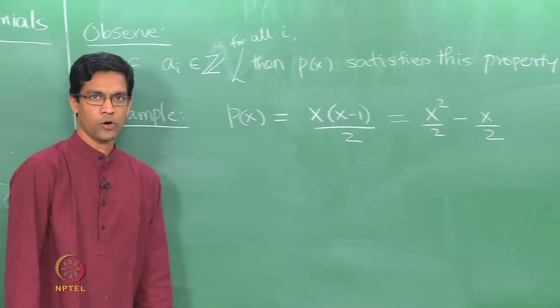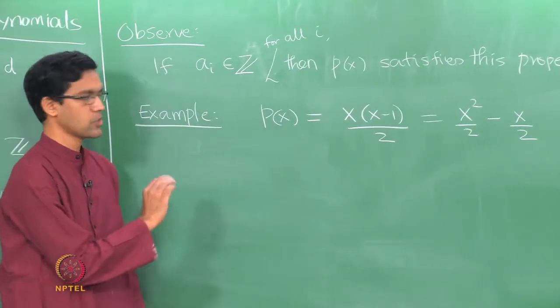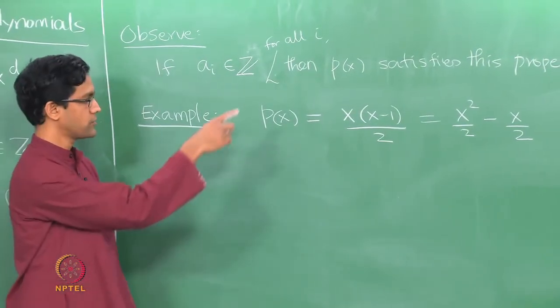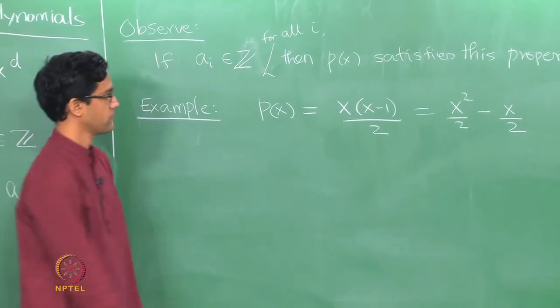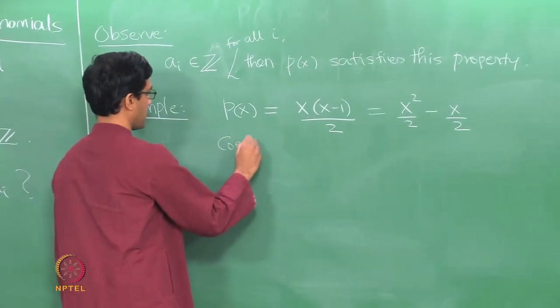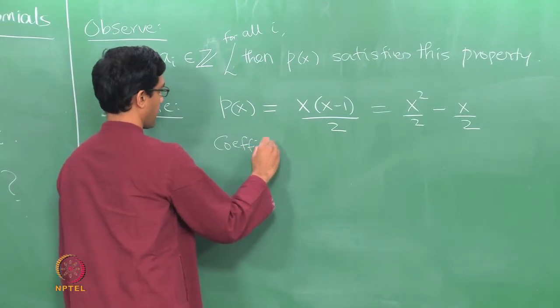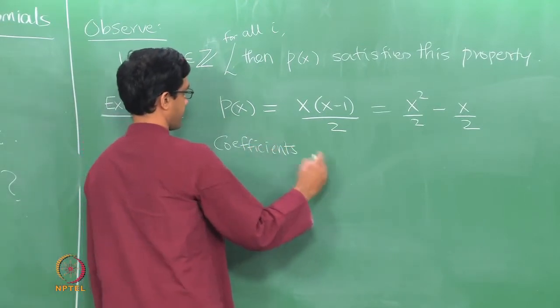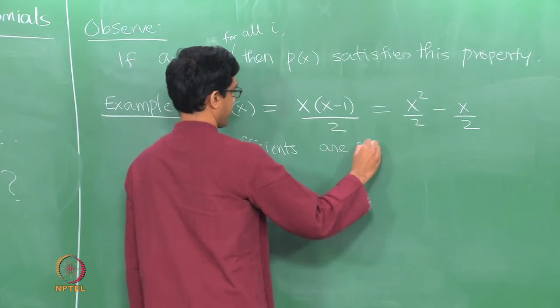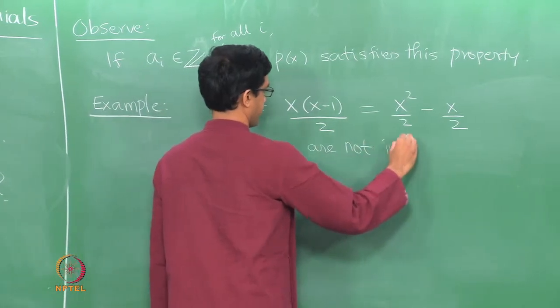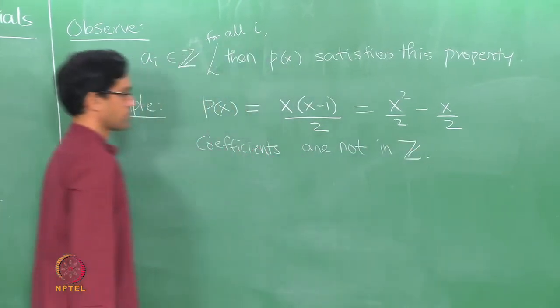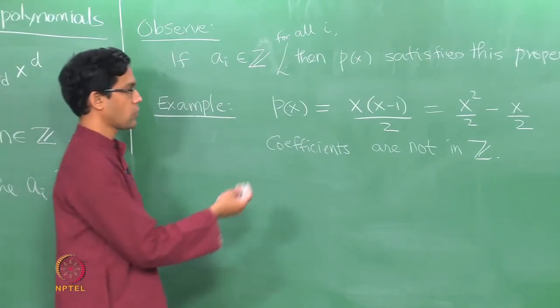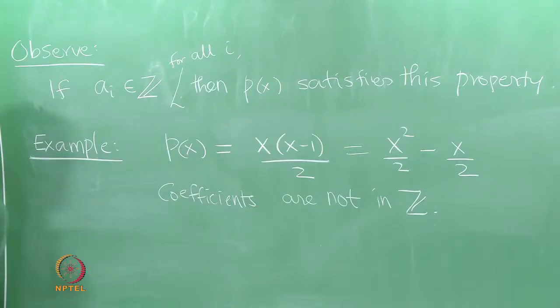So it is a degree 2 polynomial. It does not have integer coefficients because the coefficients are in fact half and minus half, right. So the coefficients are clearly not integers. Not all coefficients are integers, which is what you need in general. Here in fact both coefficients are not integers.